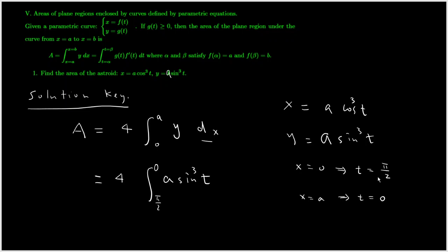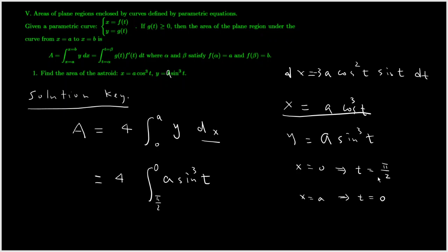Of course, you have to compute dx. x is a cos of t cubed, so dx is equal to a times 3 times cos of t, the whole thing squared, by the chain rule, and then times negative sine of t, and dt.